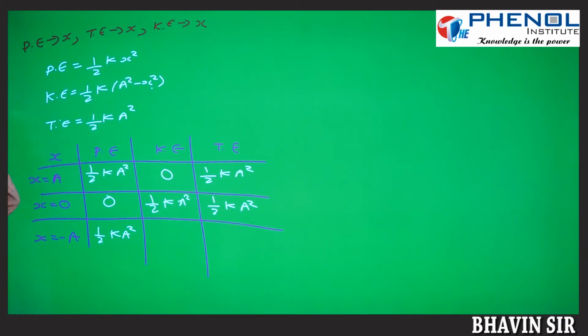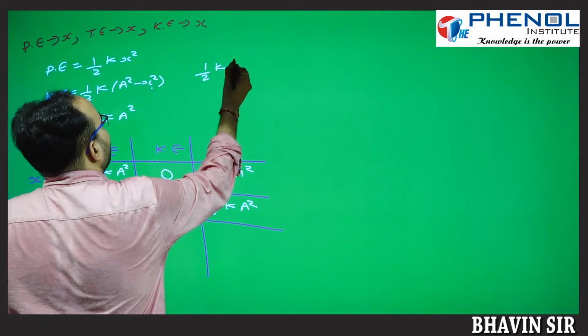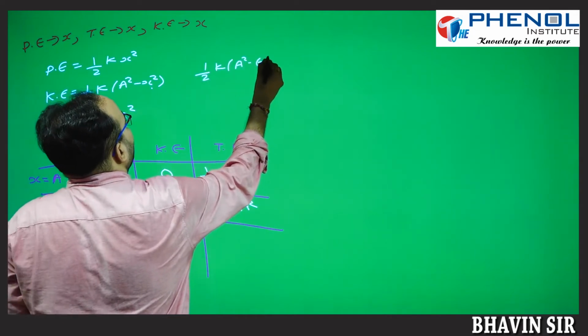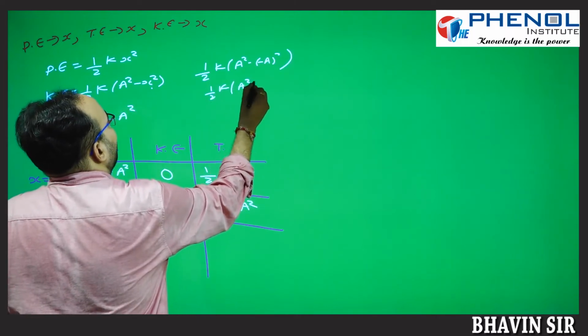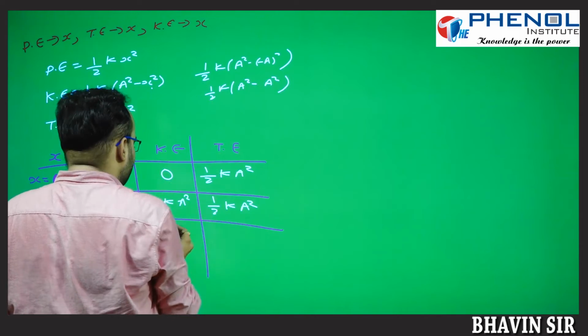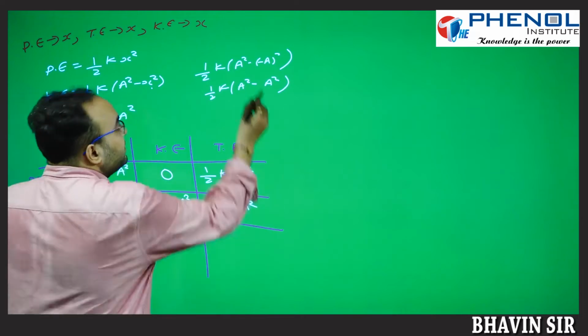Half k a square. What is the kinetic energy? Half k, a square minus a square. Minus square becomes positive. So what is the kinetic energy, students? 0. So at the extreme position kinetic energy is 0 because velocity becomes 0.